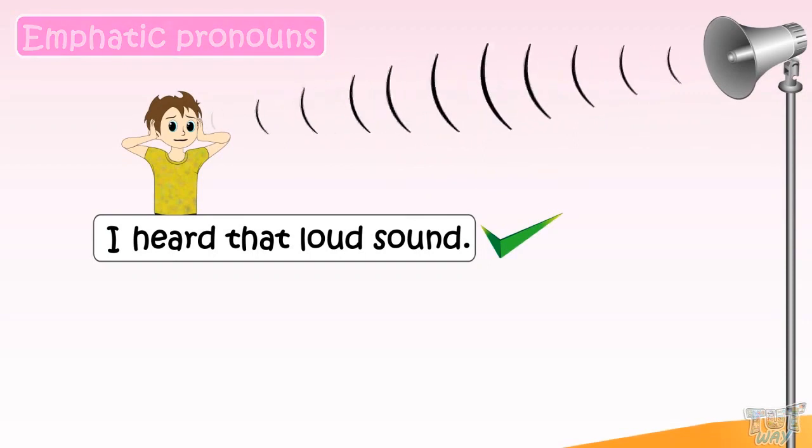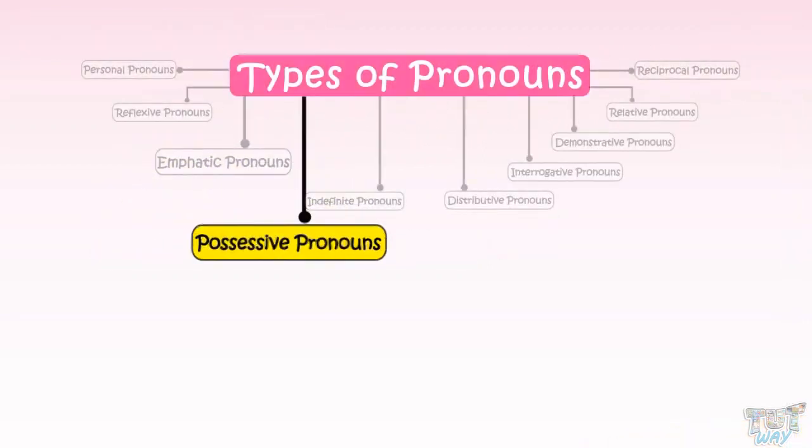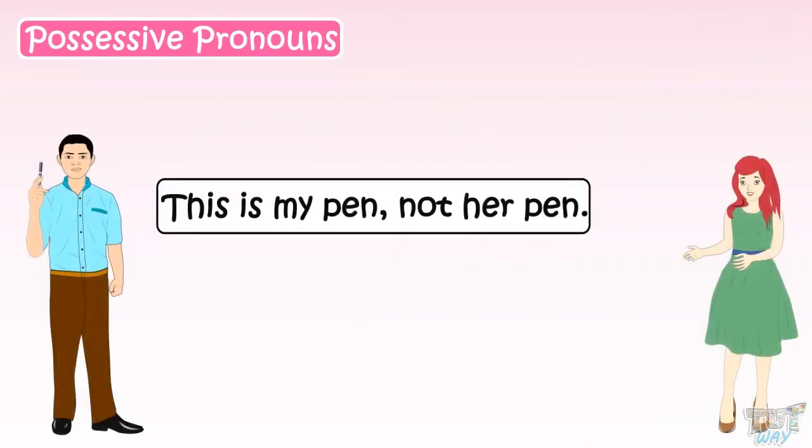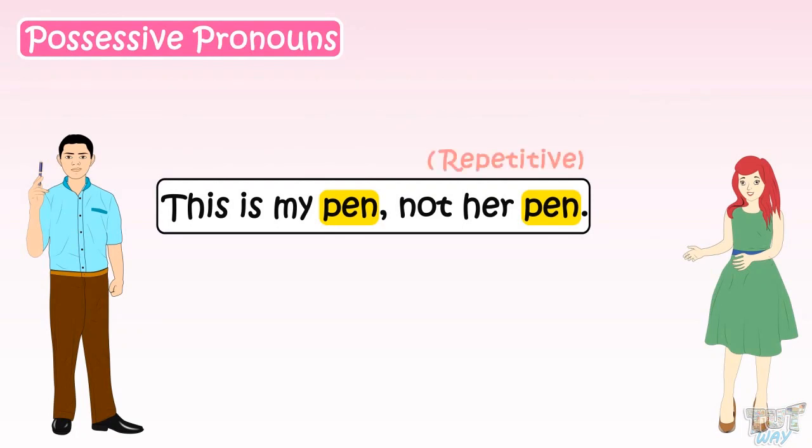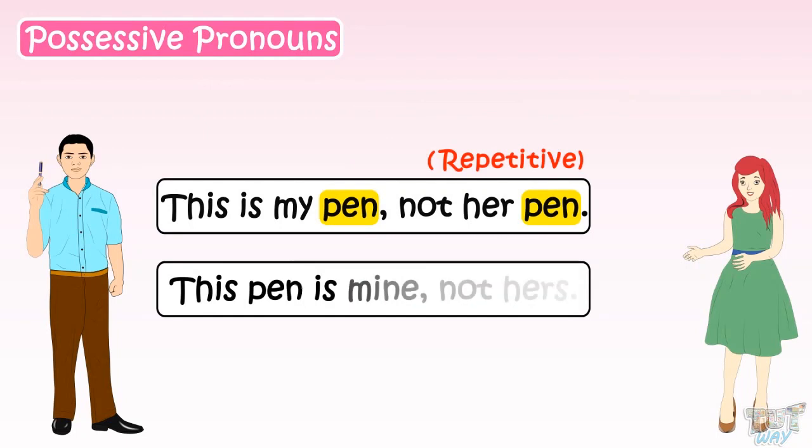Now, next we will learn what are possessive pronouns. This is my pen, not her pen. You can see that the word pen is being repeated, and it makes the sentence somewhat less refined as it is repetitive. So, to avoid this kind of repetition, we use pronouns like, this pen is mine, not hers.